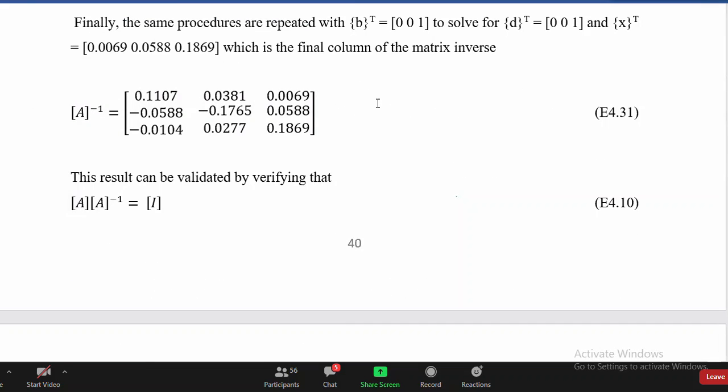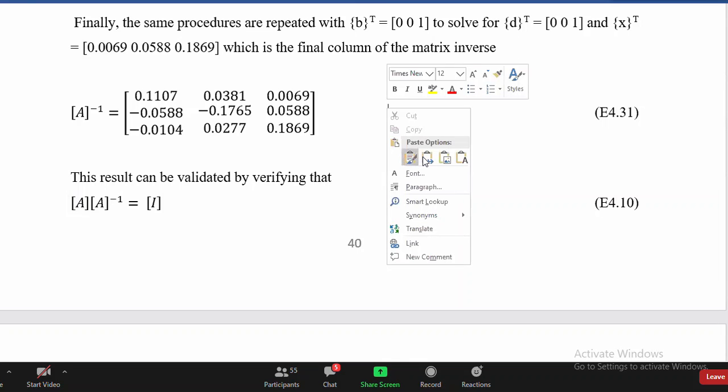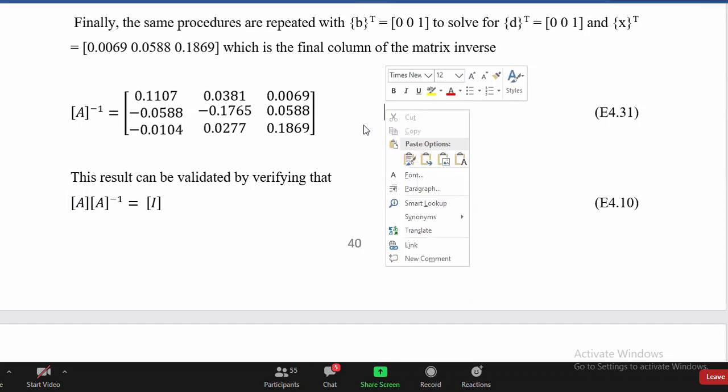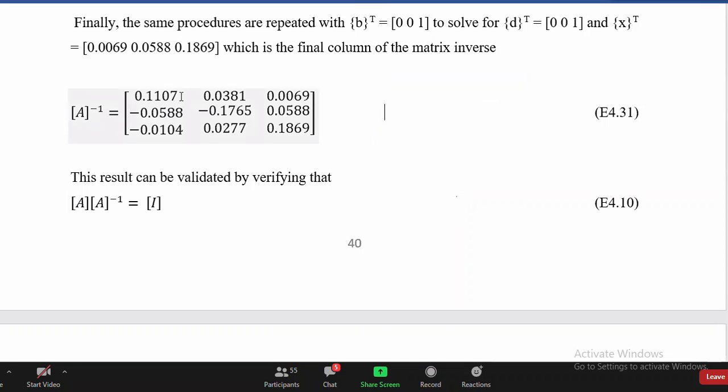Let's see if I can paste it here. It did not come here. Well, leave it. So this is the matrix inverse of that A matrix.